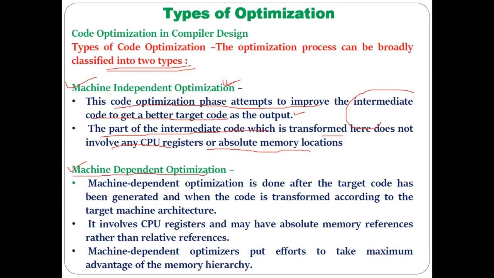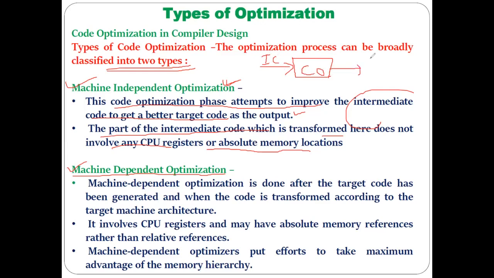Then the second type is machine dependent optimization. This is performed after code generation. If you see the back end of the compiler, this is the code optimization phase. Intermediate code is given as input to the code optimizer phase.